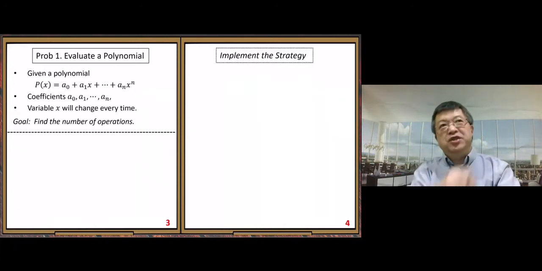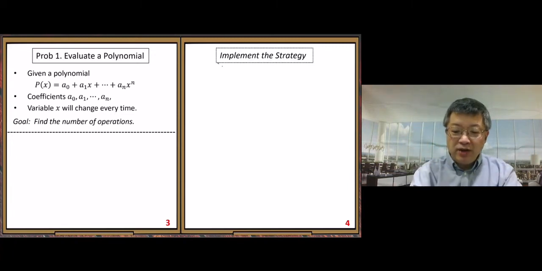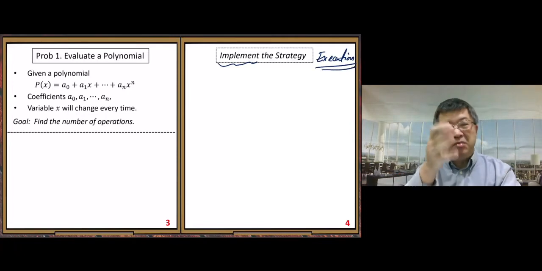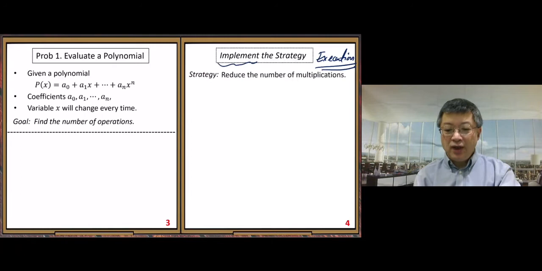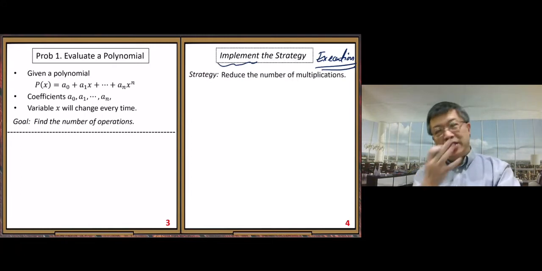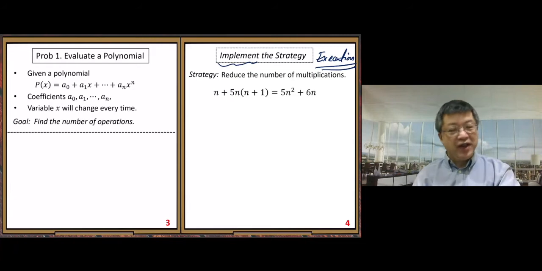All right. Implement the strategy. This time, execution, right? Implement. So this means we need to do the execution step. Okay? Execution step, really important. The strategy, reduce the number of multiplications. We noticed that. First term, very small.